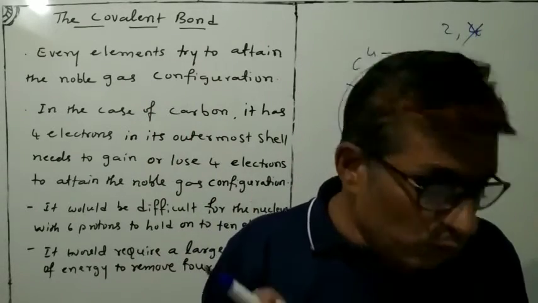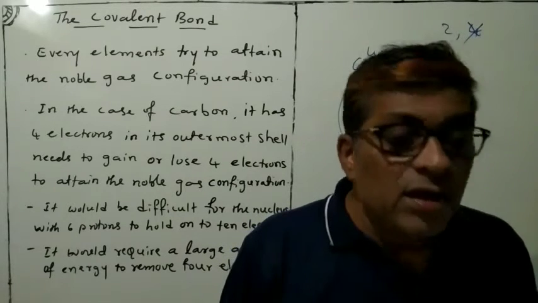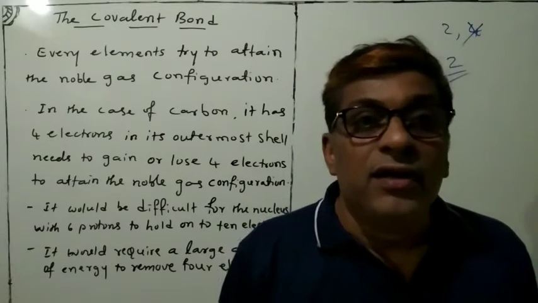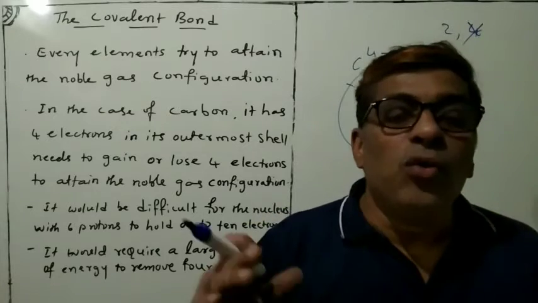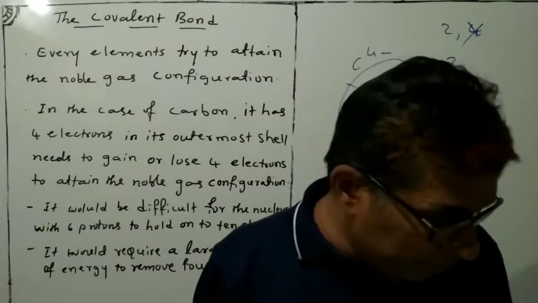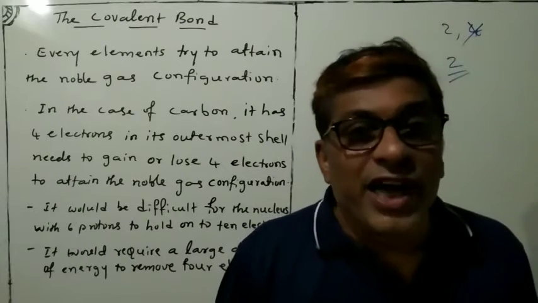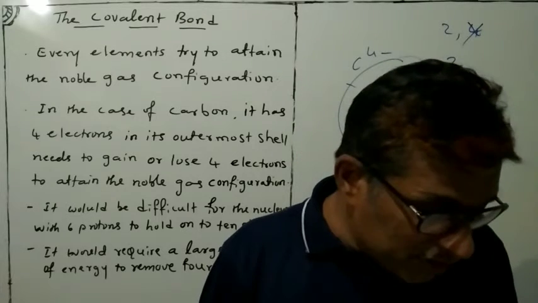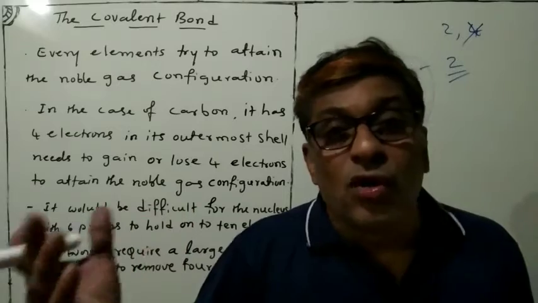It is a most important question: why does carbon not gain or lose electrons? Then how does carbon overcome this? Carbon overcomes this problem by sharing its valence electrons with other atoms of carbon or with atoms of other elements.